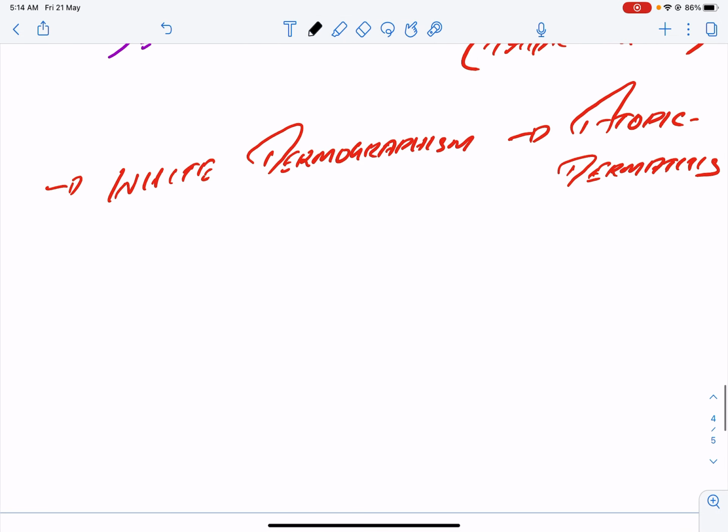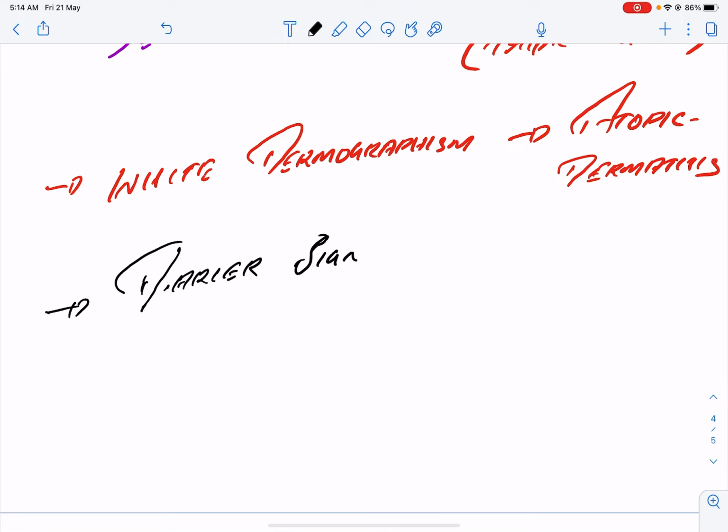Then we have something called Darier sign. It is seen with what? Urticaria pigmentosa.